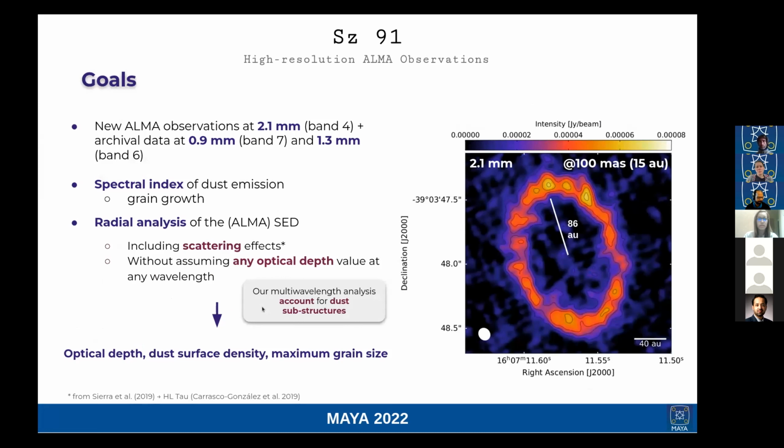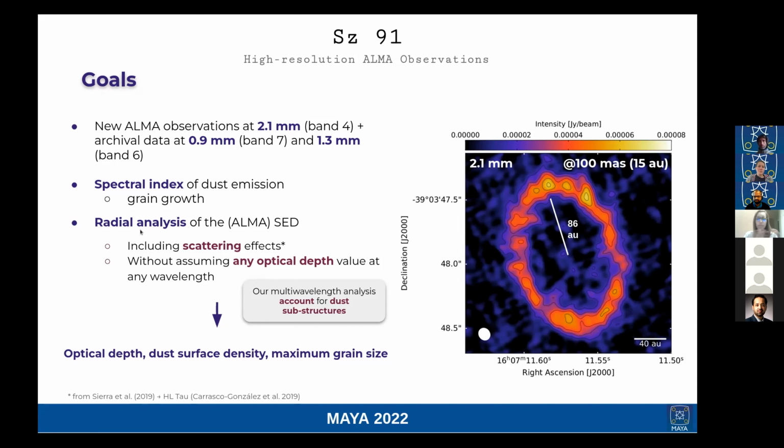What we did was observe this source with new high resolution ALMA observations at 2.1 millimeters. You can see here the continuum image. You can see that we can clearly resolve the ring of dust with a huge cavity. And what we want to do is use this data set with previous archival data at 0.9 millimeters and 1.3 millimeters to estimate the spectral index, which is the slope of the SED in the ALMA observations, which is going to give us some clues about grain growth.